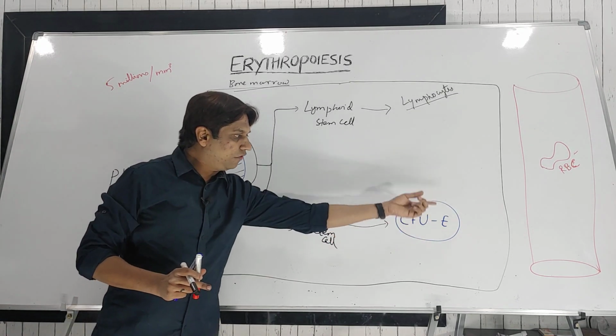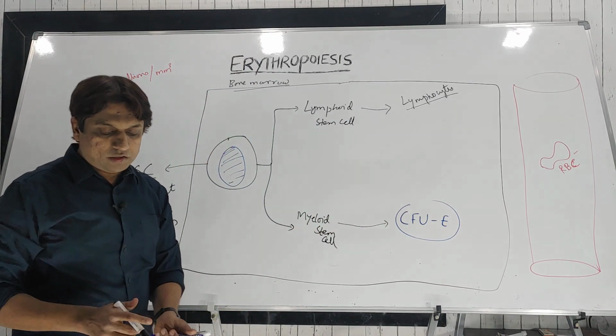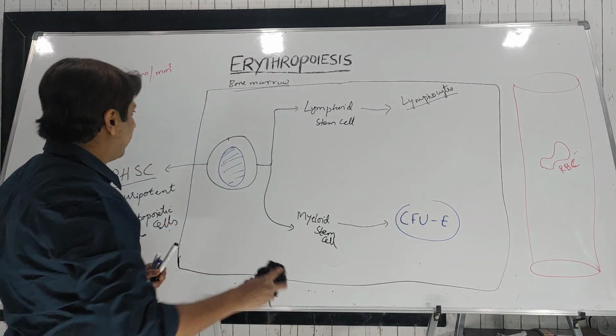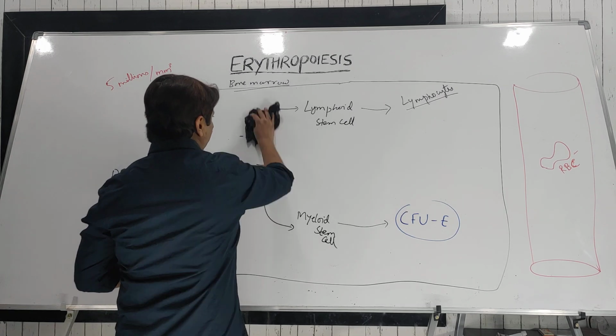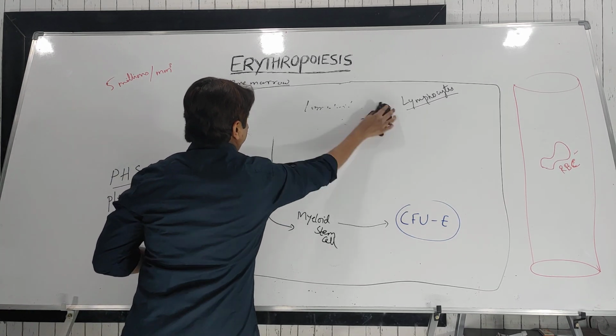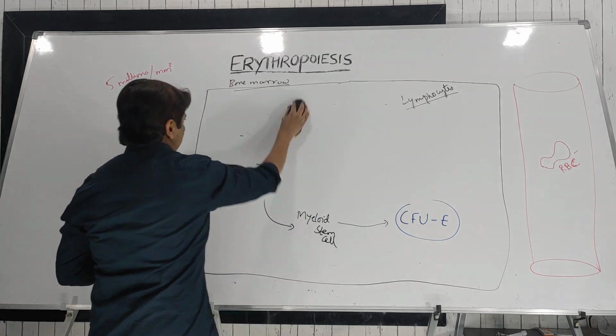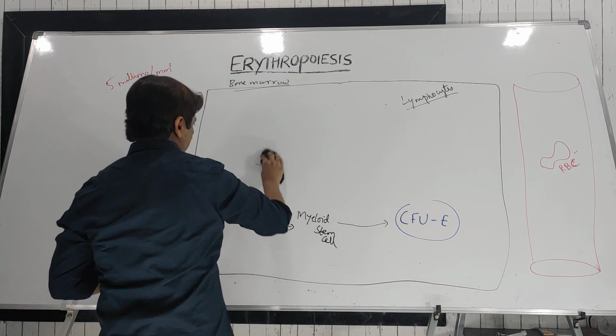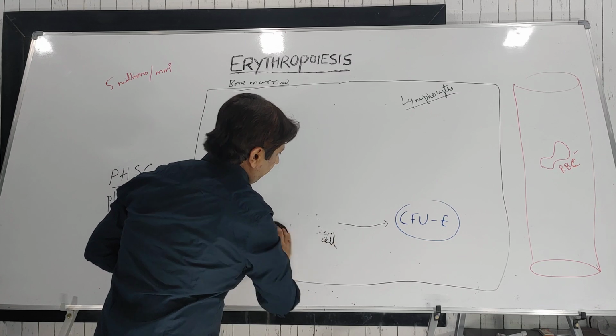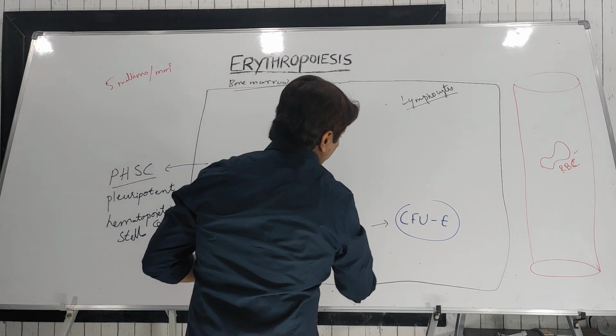Now from this colony forming unit erythroid, the first cell will be the proerythroblast. I am just erasing all the things here.